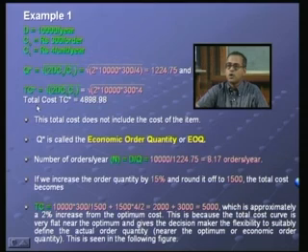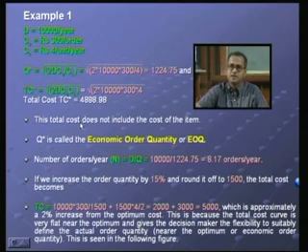Now, what are the other things that we need to look at from this example? 1. The total cost that we have computed here does not include the cost of the item. In fact, in this example, we have not even defined C, which is the unit price of the item. So, the economic order quantity and the total cost do not consider the cost of the item.